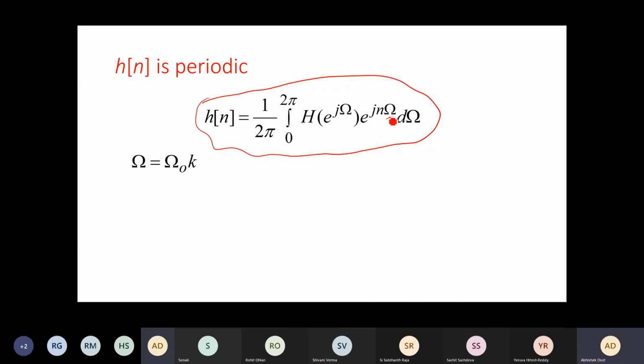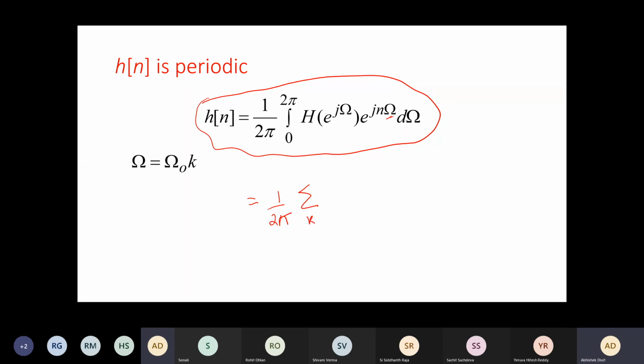So if only discrete frequencies are involved in this expression, then I can convert this integration to summation, right? So these are the steps. This integration will go to summation because only discrete frequencies are involved.